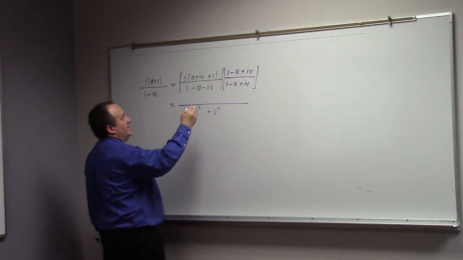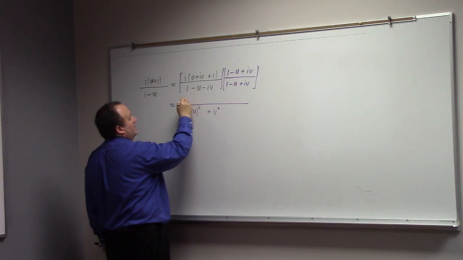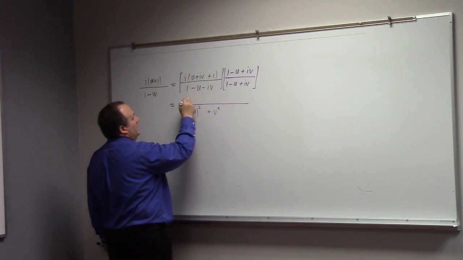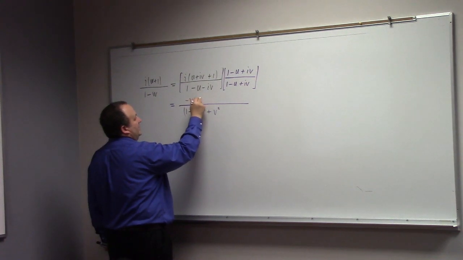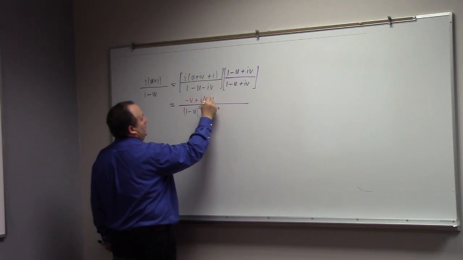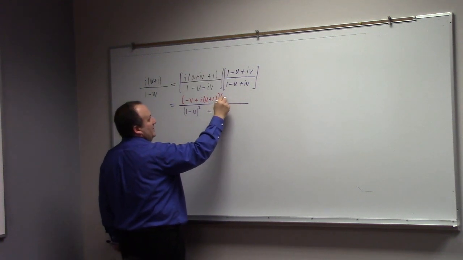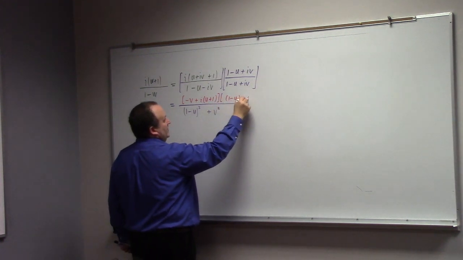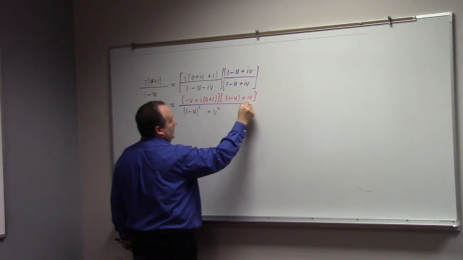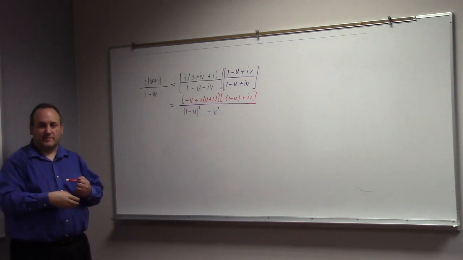Upstairs, I guess I'll do one more step here, clean it up a bit. This is minus v plus I times what? U plus 1, right? I think it's worth doing that step before I multiply. Over here, I've got 1 minus u plus iv. So I multiply real and real and imaginary and imaginary.